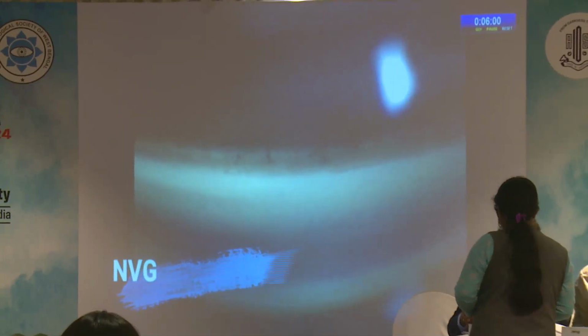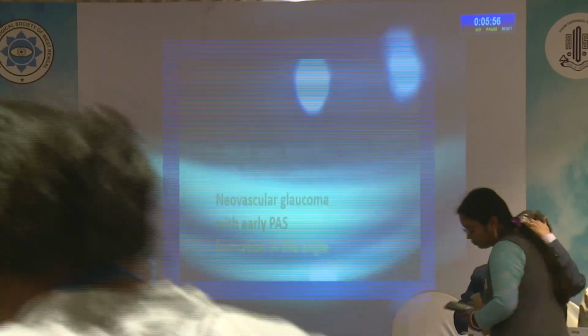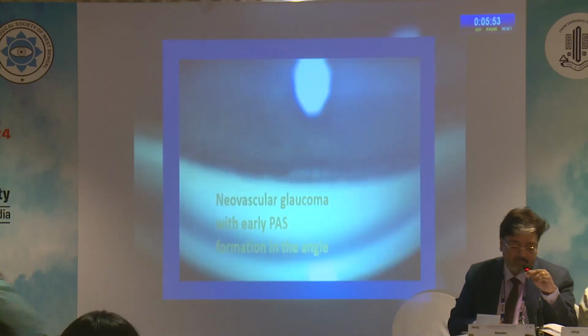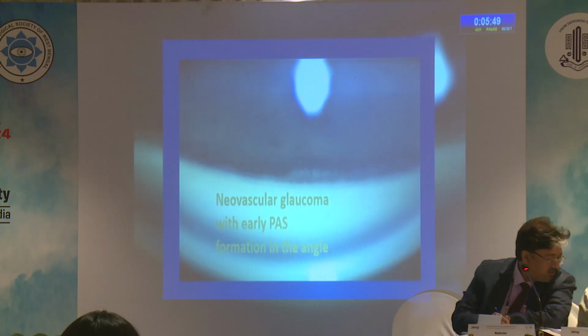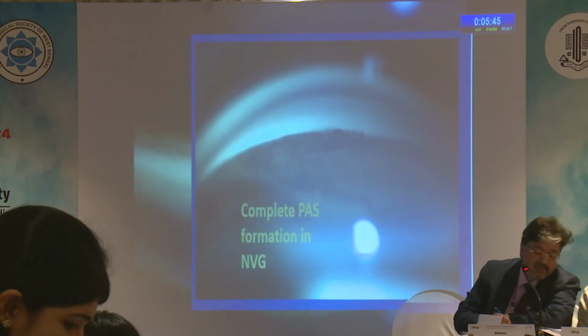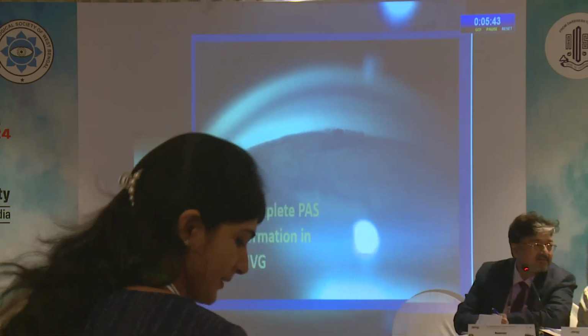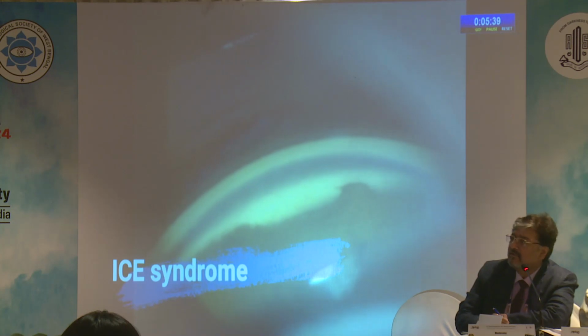In neovascular glaucoma, we see the vessels arborizing on the trabecular meshwork in an irregular manner, along with early PAS formation in the angle. In advanced cases, we see that there is complete PAS formation in NVG. In ICE syndrome, we see essential iris atrophy and iridocorneal adhesions.